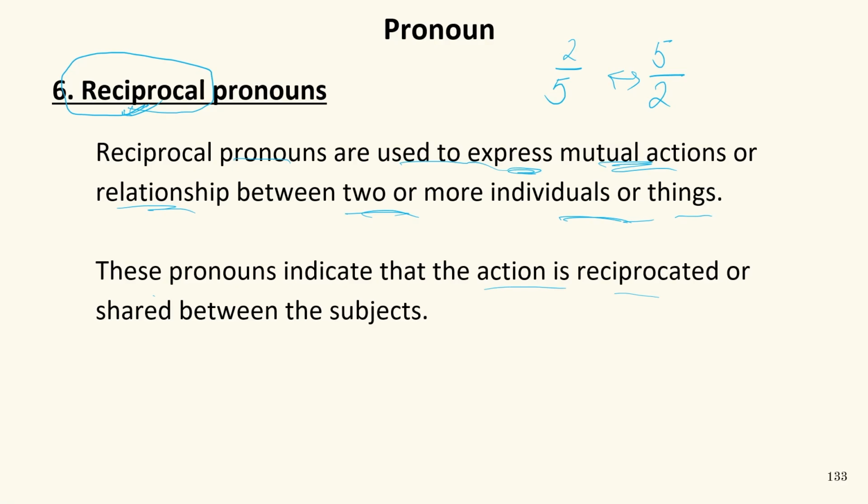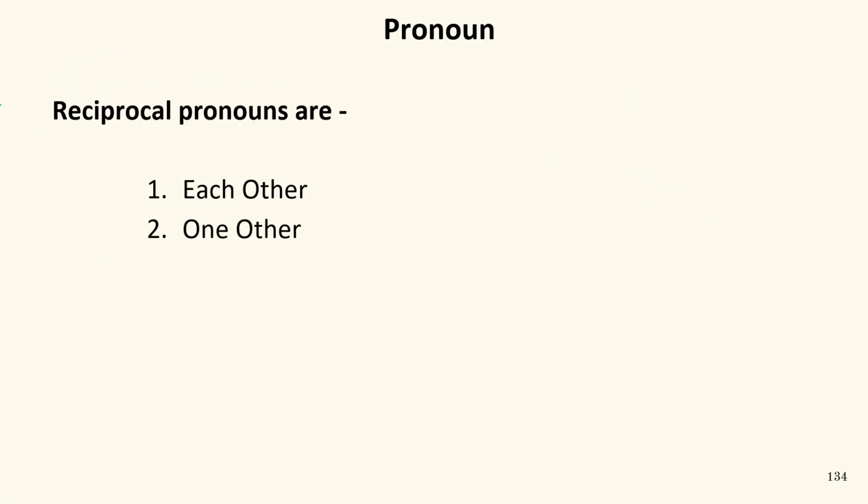There are two types of reciprocal pronoun, each other and one another. The basic difference is each other is used only for two persons or things. But when we talk about more than two, we use one another for more than two persons or things.